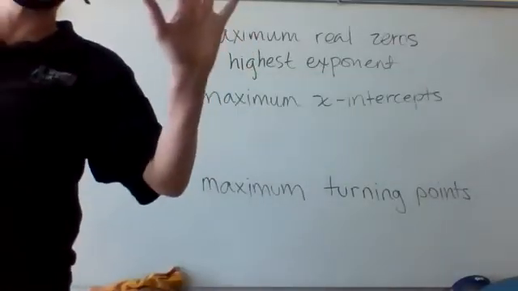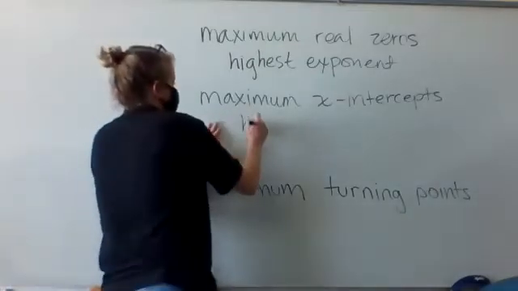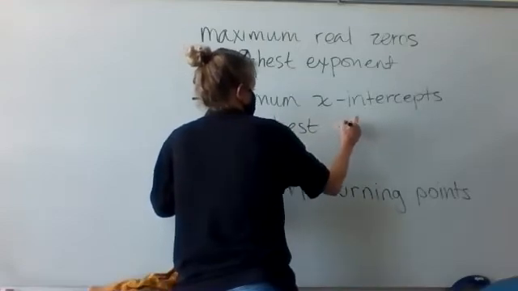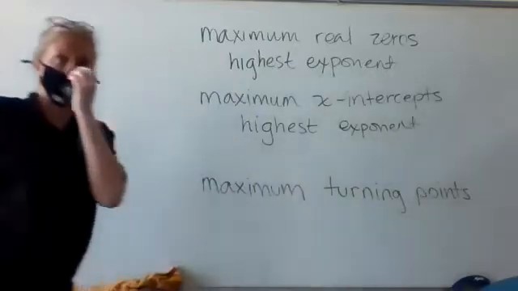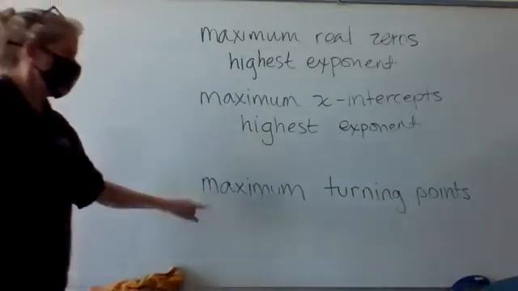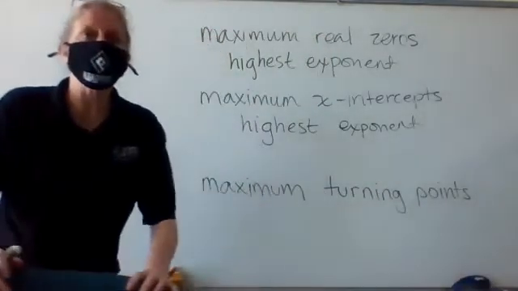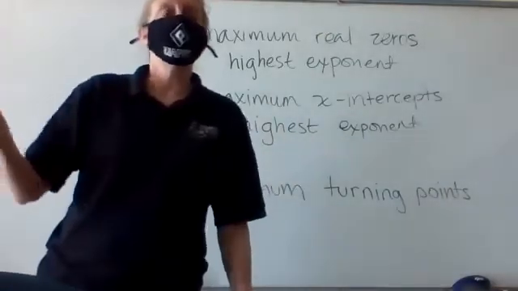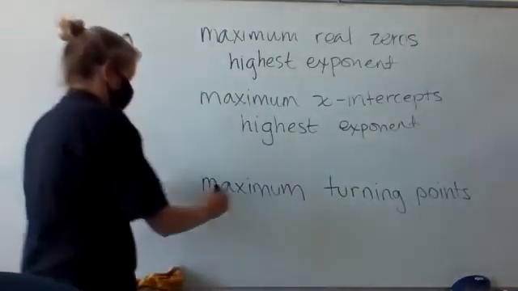That's going to be the maximum number of real zeros, and it's also going to be the maximum number of x-intercepts. The maximum number of turning points of any polynomial function is going to be whatever the highest exponent is minus 1. So I'll explain all of this in just a minute.